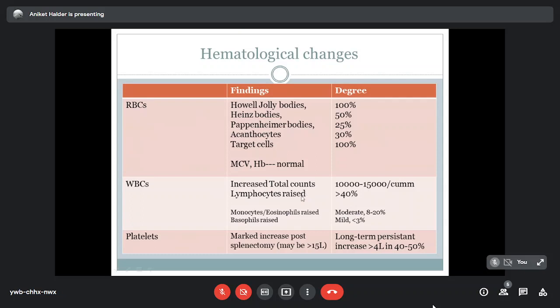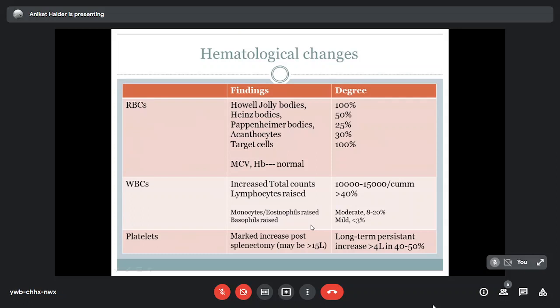There can also be an increase in monocyte and eosinophil differential counts. Usually it is moderate, and the differential count of monocytes and eosinophils may be as high as 20%. Basophils may also be raised in the peripheral circulation, but usually the differential count is less than 3%.